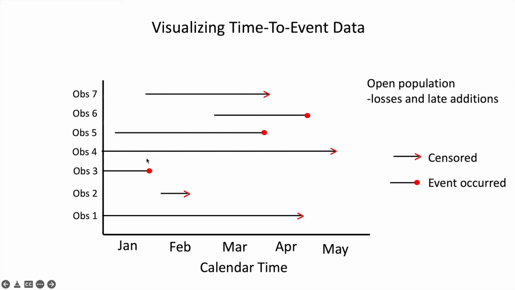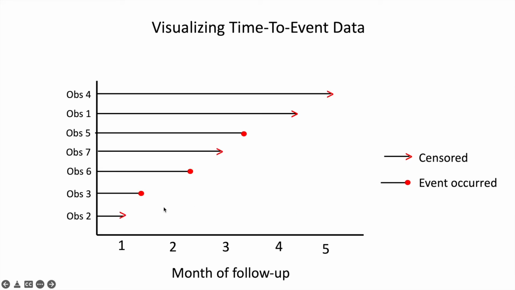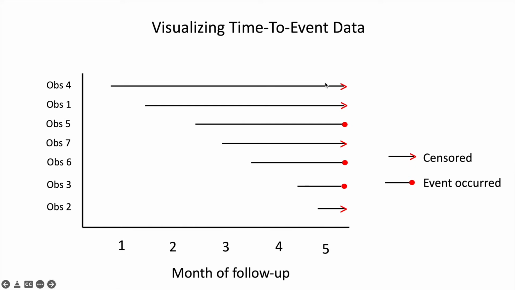You'll notice that this is a function of calendar time, where we can also standardize it based on follow-up time. This is the exact same data, but instead of calendar time, we just have the amount of time they were followed up. And you can do the same by standardizing at the end rather than the beginning, same data.